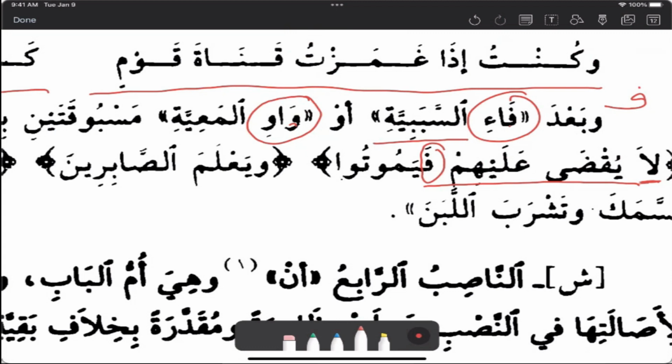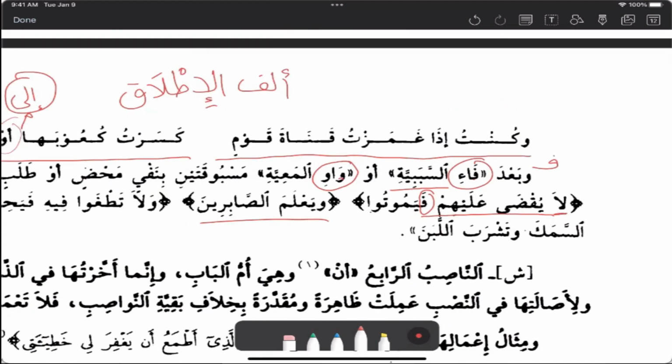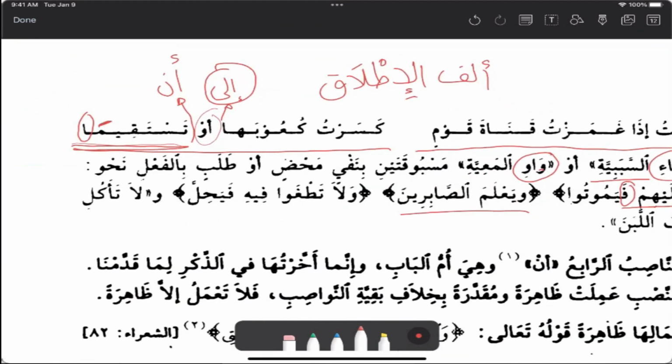But the meaning is, while he knows the patient, or with his knowing the patient ones. It's not, and he knows. This is wow al-ma'iyah, wow that means ma'a. We'll see what's going on in that ayah, inshallah.